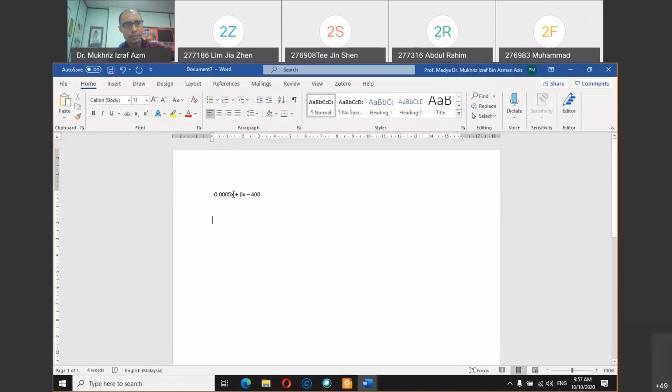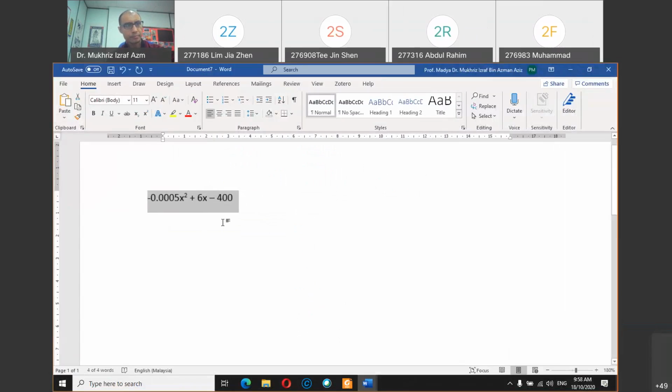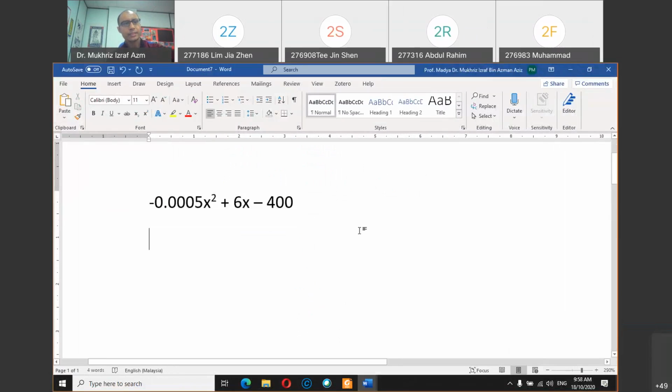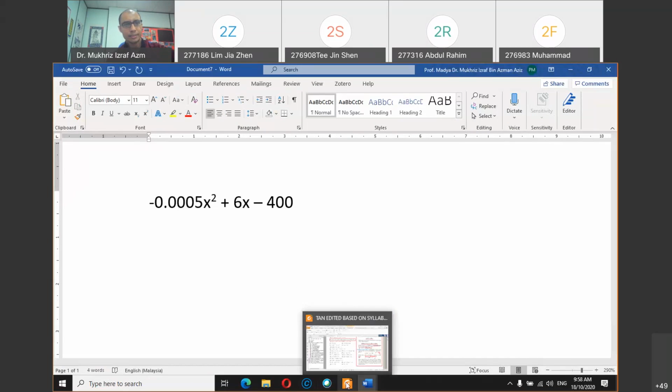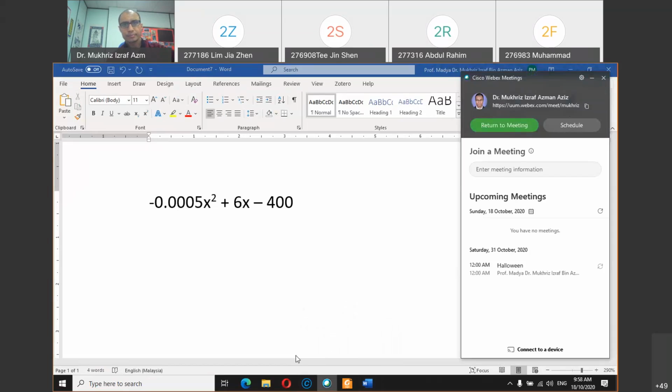This should be x squared, correct? So is this the right answer? 0.005x squared plus 6x minus 400? Right?